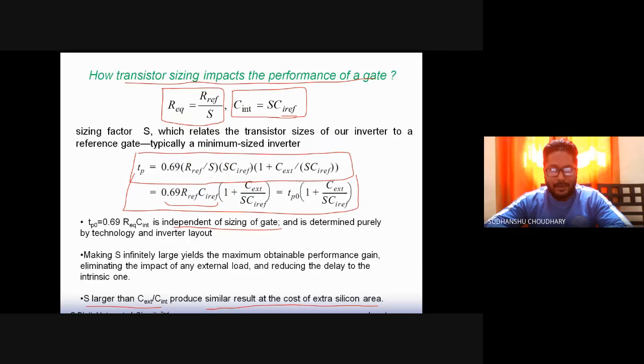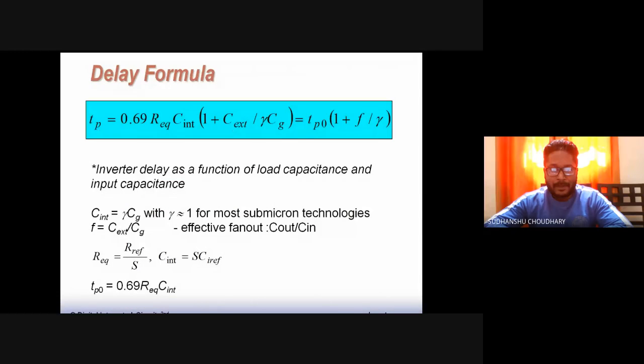Now we again modify the same delay equation here. We bring in another factor, gamma, and we say that gamma is equal to C intrinsic by Cg.